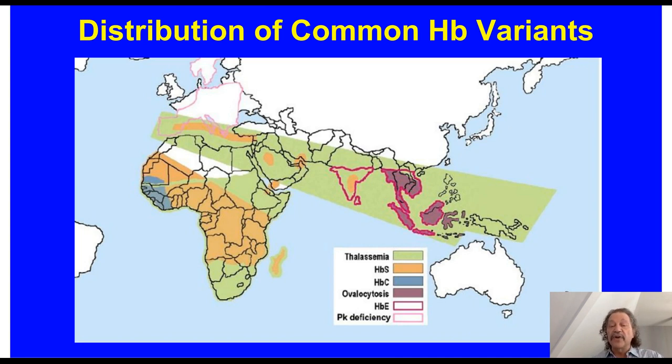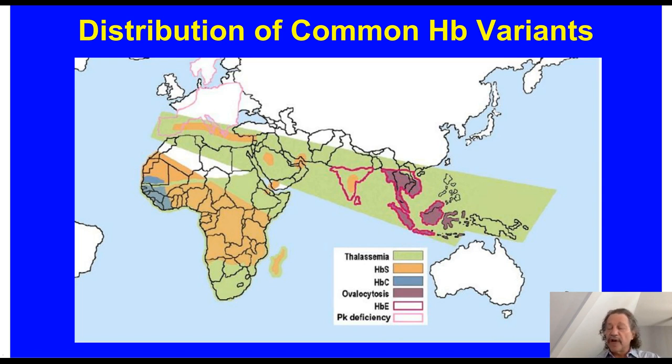Thalassemia is shown in green. Hemoglobin S, which is the second most common, is in orange, predominantly in Africa and the Mediterranean region. Then there's hemoglobin C, which is in West Africa, and hemoglobin E in purple, which is predominantly in Asia.